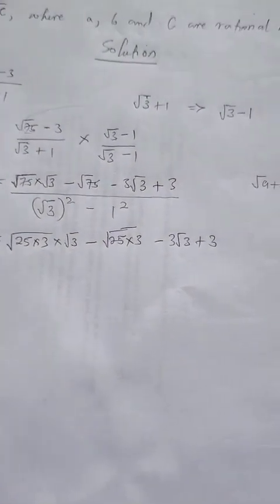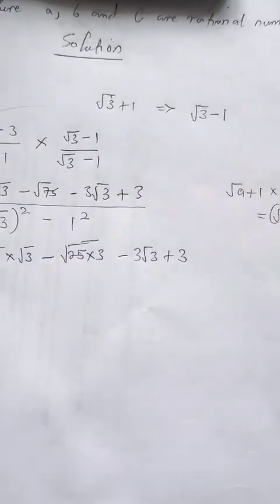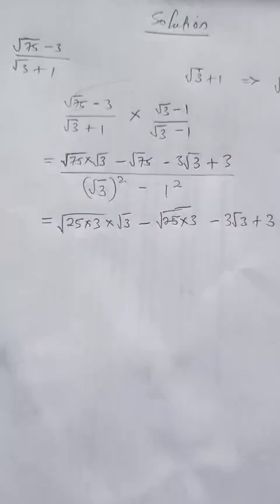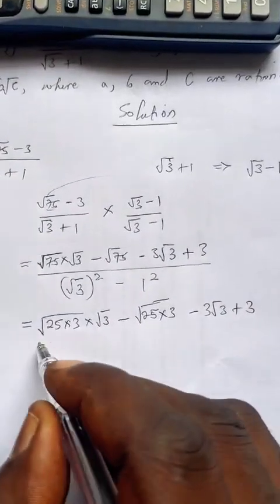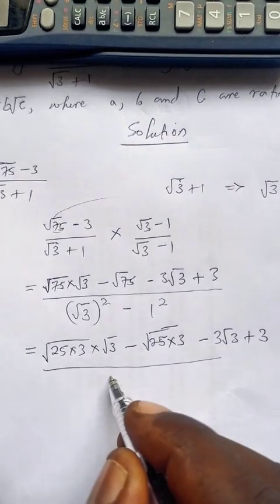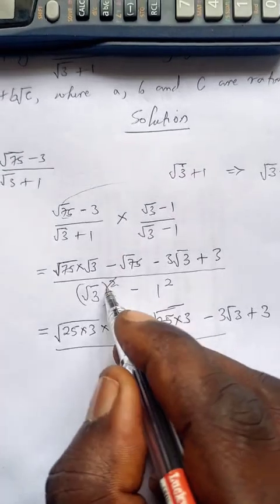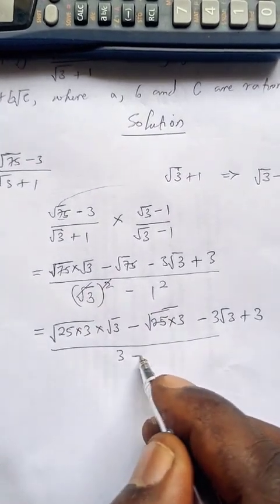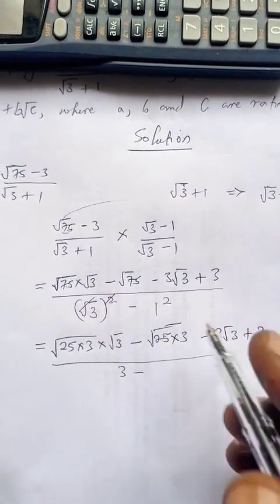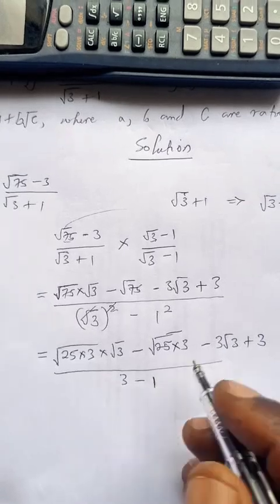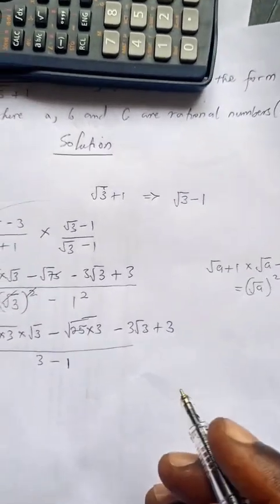Now let's look at it properly. If we are confused, then we ask questions, please. Then we divide by the denominator. The square can cancel the square root, so we have 3 minus 1, which is equal to 2, correct?